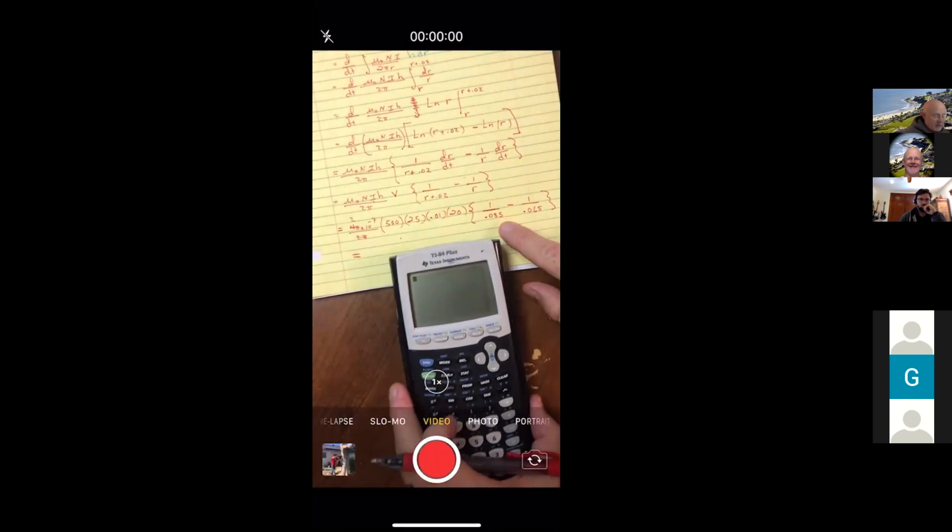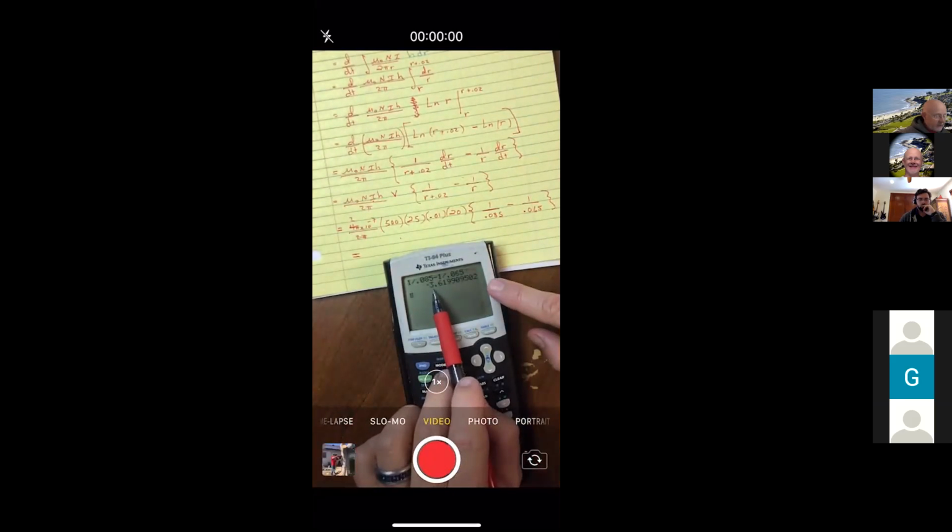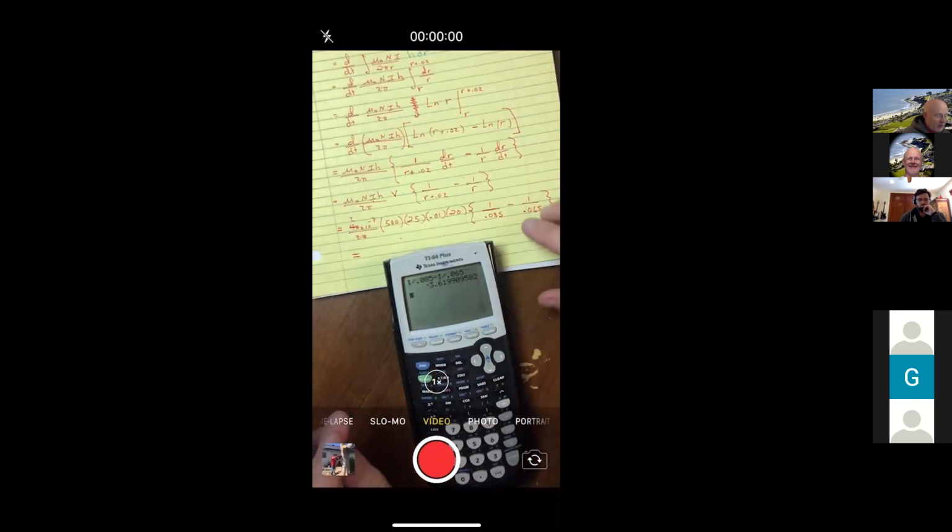and I'll do this calculation first. 1 divided by 0.085 minus 1 divided by 0.065. That's my negative, as I said. It looks like it's about a 3.6.